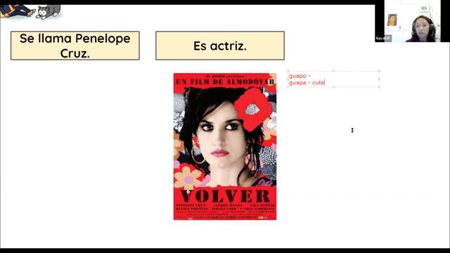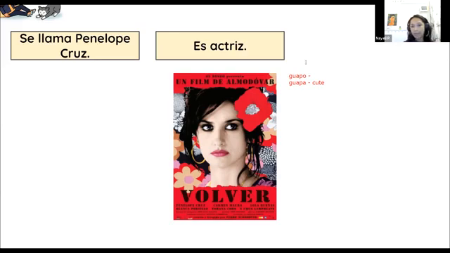George Clooney es actor. Will Smith es actor. Penélope Cruz no es actor. Penélope Cruz es actriz. Actriz is the word for females. Okay, I'm going to clear that up.